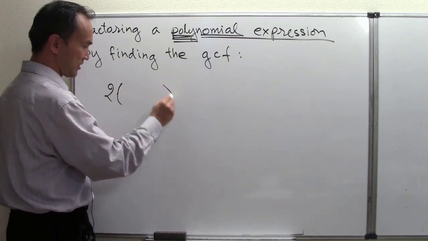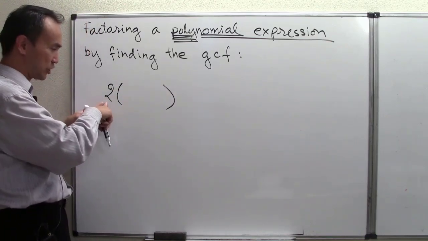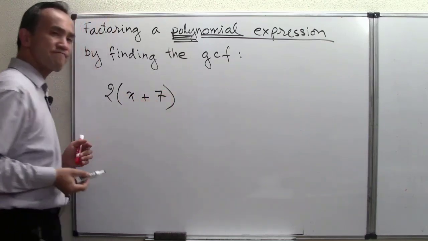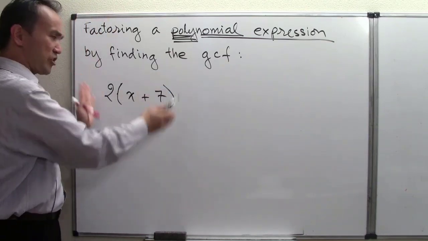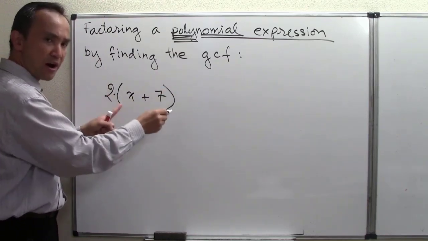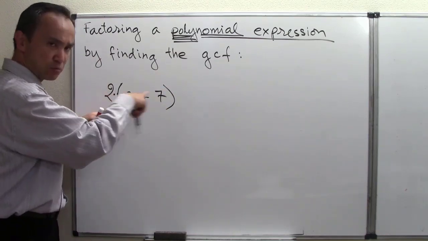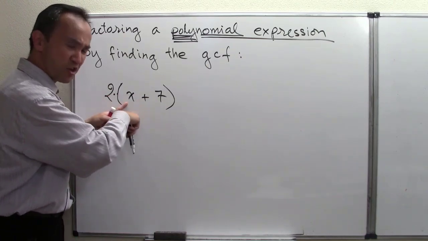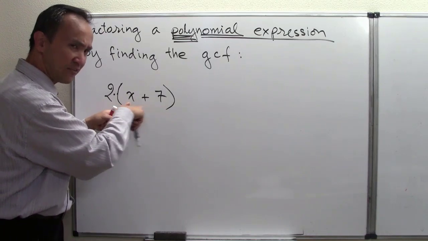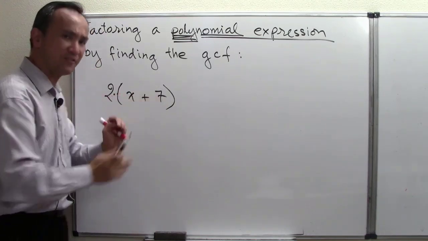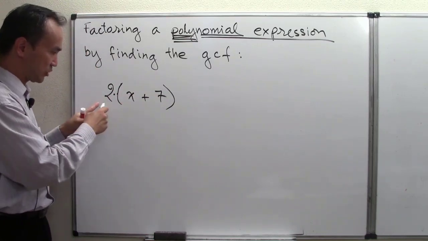A lot of times textbook authors write it like this: 2 in parentheses x plus 7. What this expression says is that you have a factor 2 multiplied as a product with a parentheses expression going x plus 7 inside. So a product between 2 and a sum x plus 7.